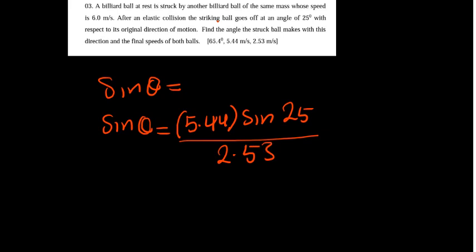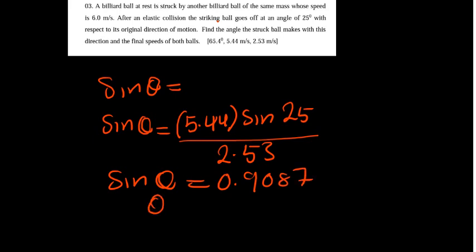So when we punch this in, our sine theta is going to be 0.9087. Solving for theta, we're going to take the sine inverse of 0.9087.